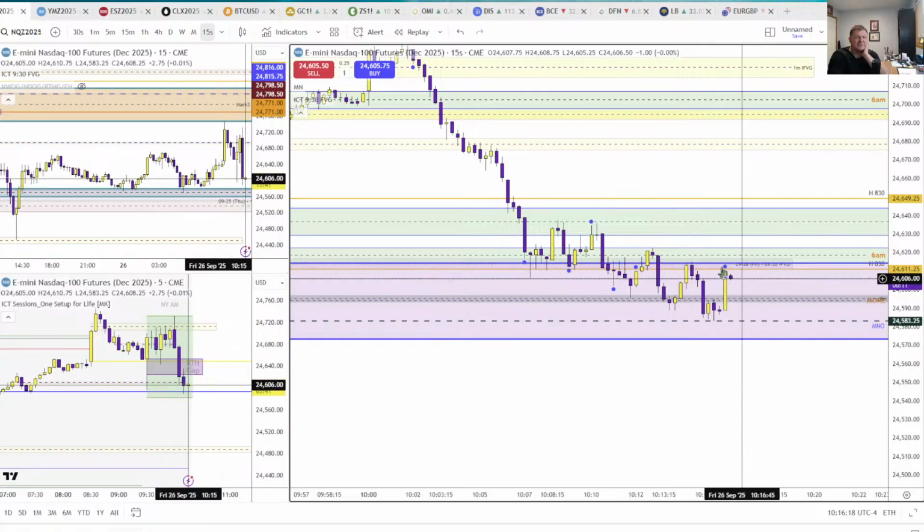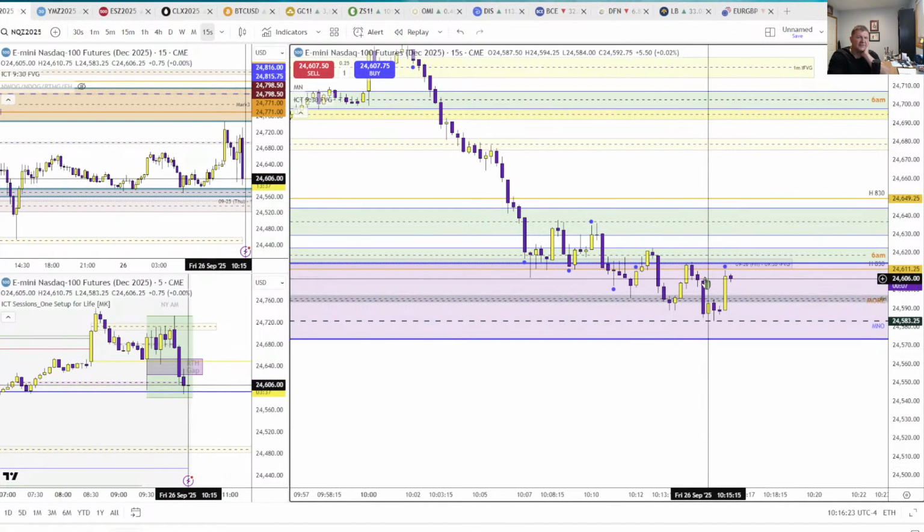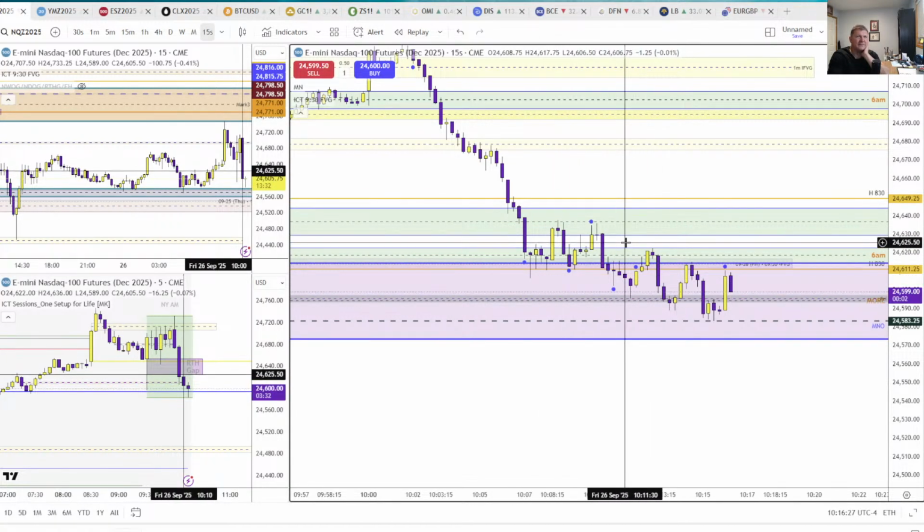This could be one of those bull traps again. That's why you wait for a decent, and you get 1, 2, 3. They're all kind of overlapping, right? With a premium sitting right up in here.